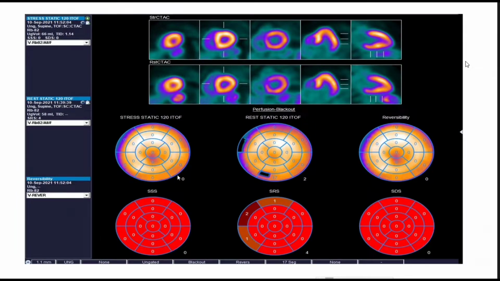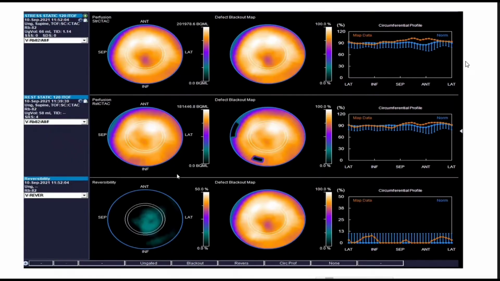When we look at the bullseye, and so this is again, the apex is at your middle and then the base of the heart is around the outermost edge. We don't see any difference. So if we look at our rest perfusion and we look at our stress perfusion, we don't see any difference. So this would mean that there's no ischemic burden that the computer has identified. When we look at our second polar map, we do see that there is clear count reduction to that apex.